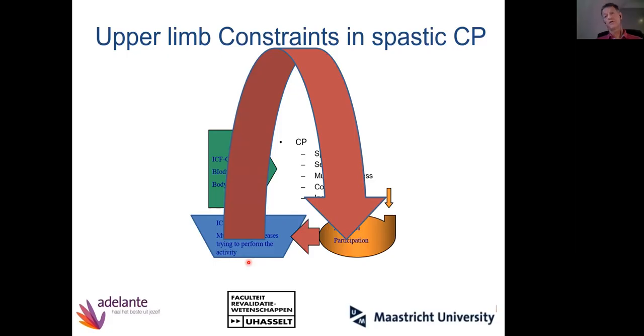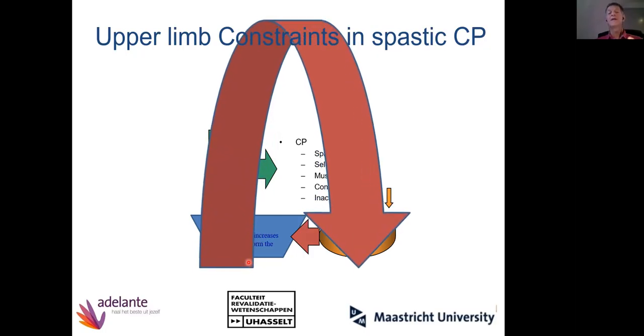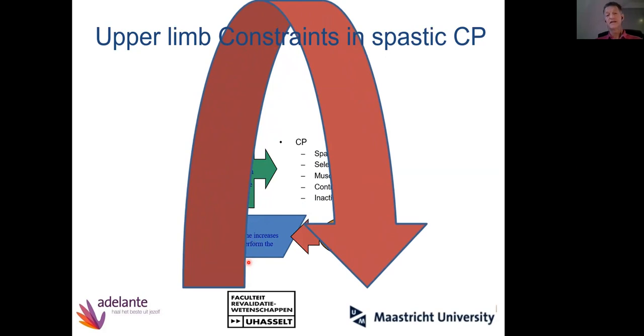That's called the inactivity circle based on constraints. And this is also happening in the upper limb. The impact of these constraints increases with age, development and growth. That's why the focus on upper limb treatment in this group became very important.